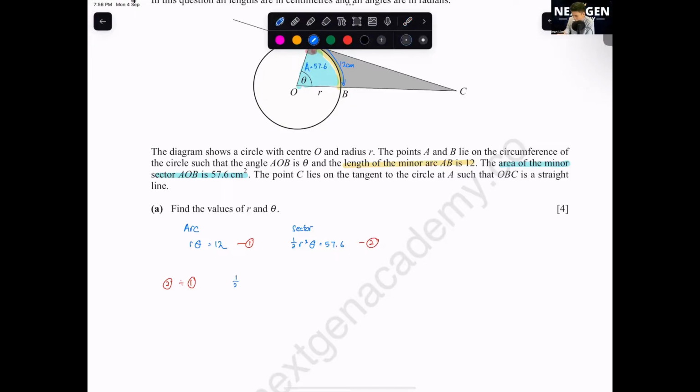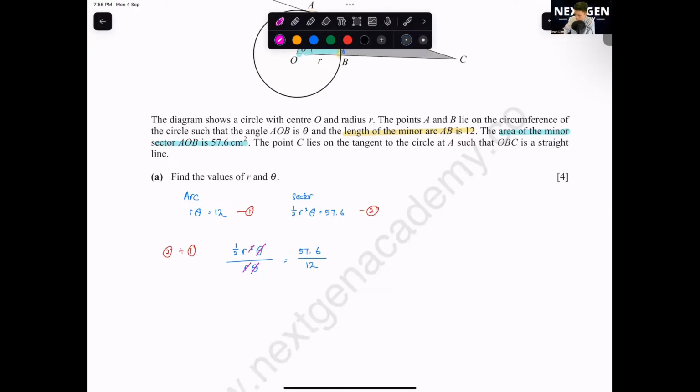So I take half R squared theta over R theta equals 57.6 divided by 12. Then what can I simplify? Theta cancels, I eliminate the R here. So I will be left with 1 over 2 R equals 24 over 5.